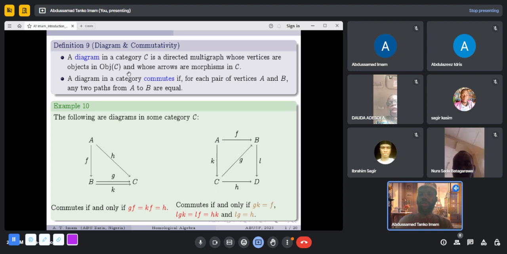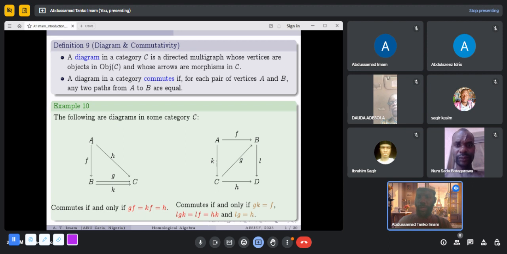And then we say the diagram is commutative if for any pair of vertices A to B, any two paths from A to B are equal when you compose the path. So I give you examples here. You see, this is a diagram, it's a category, and that's another diagram. Commutativity of the diagram means if I'm to travel from A to C, any path I take should give rise to the same composition.